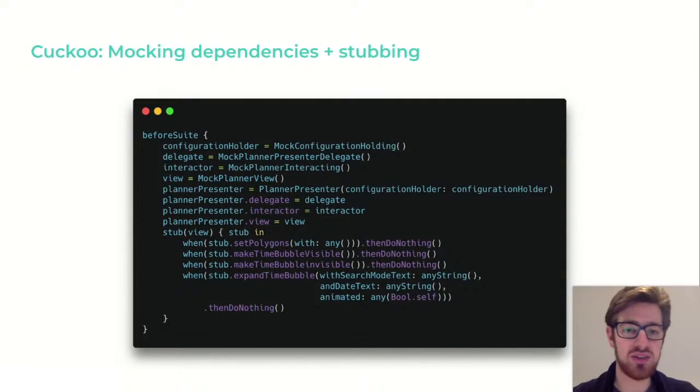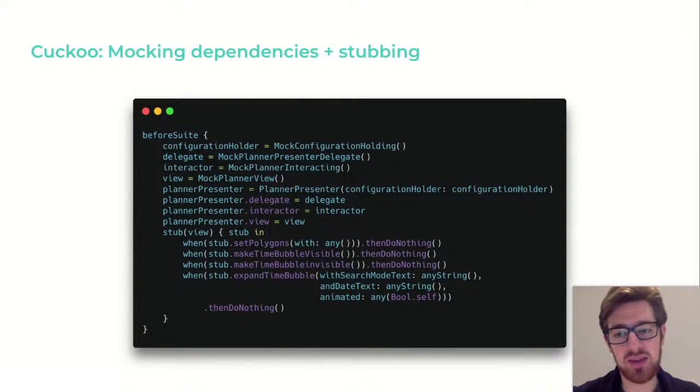Configuration holding is a protocol to which configuration holder conforms. And then we just put mock before that. And at compile time, Cuckoo will create a mock. So it creates a mock of configuration holding and sticks the word mock in front of it. And that's all you need to do to get access to that mock.